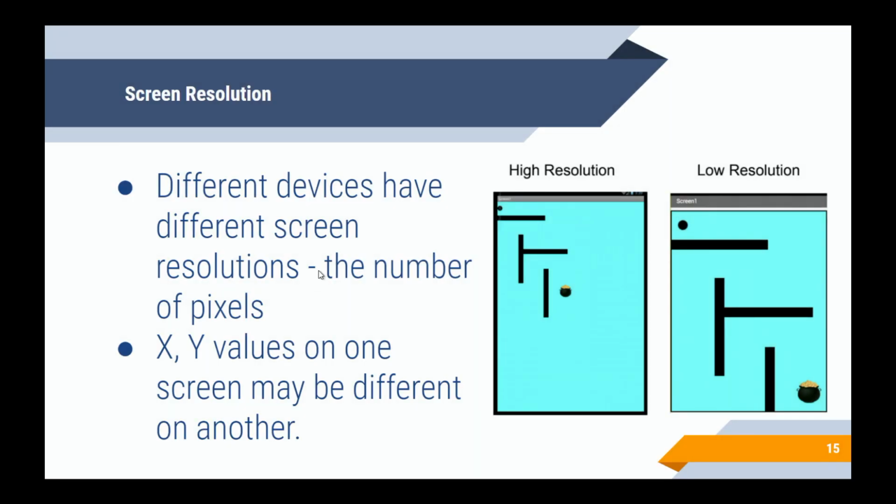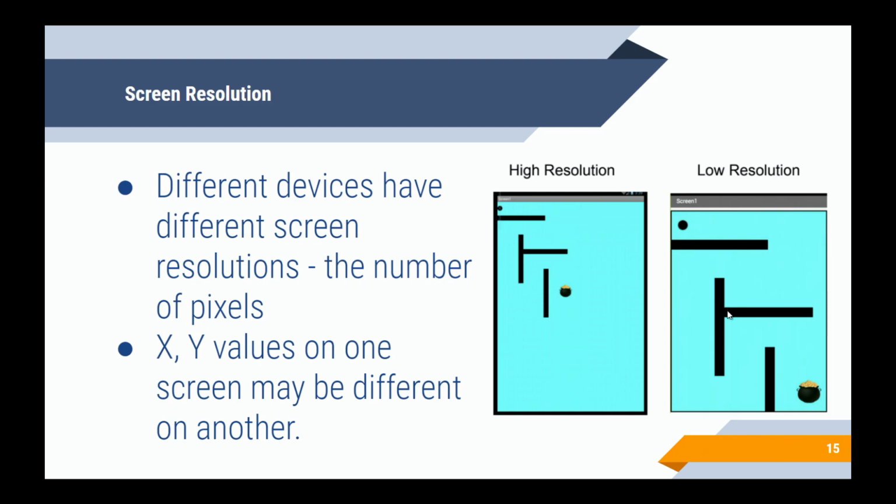Now, note, different devices have different screen resolutions, i.e. the number of pixels, so the X and Y values on one screen may be different than another. For example, if you have a high resolution screen, you'll have more X and Y points, and on a low resolution screen you'll have less.